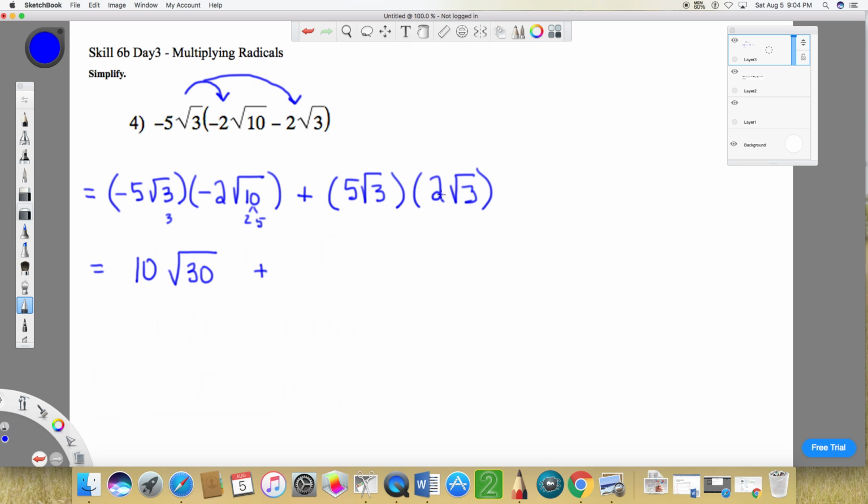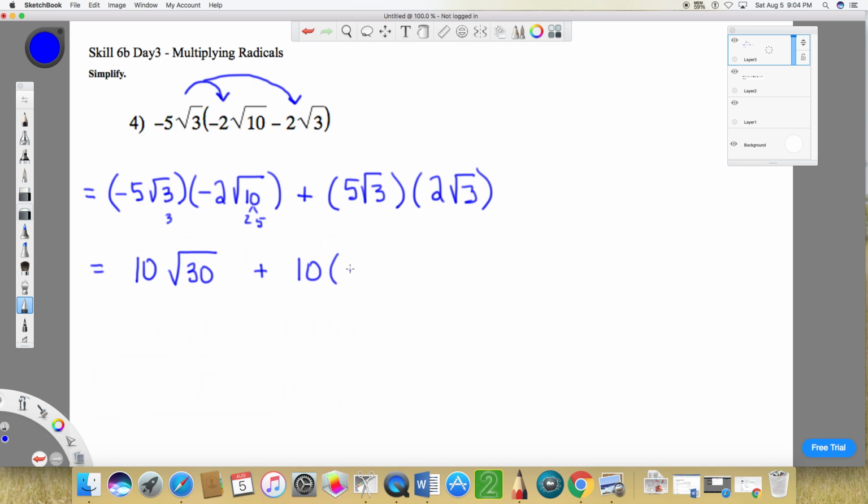The 5 times 2, the numbers that are the coefficients, the numbers in front of the radical, we multiply them together. And when we multiply the radical 3 times the radical 3, we know that that's the square root of 9, which is 3. So you can save your writing in a step now. Before, I was writing that down just to illustrate it so you could see it.